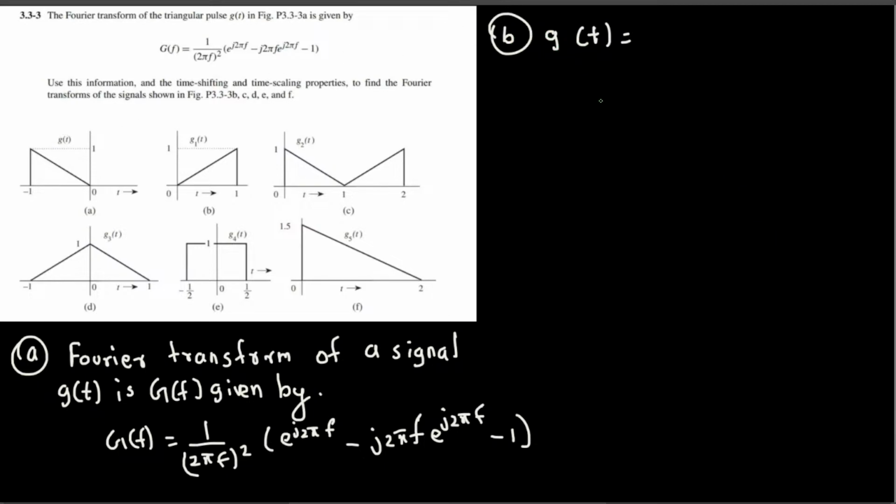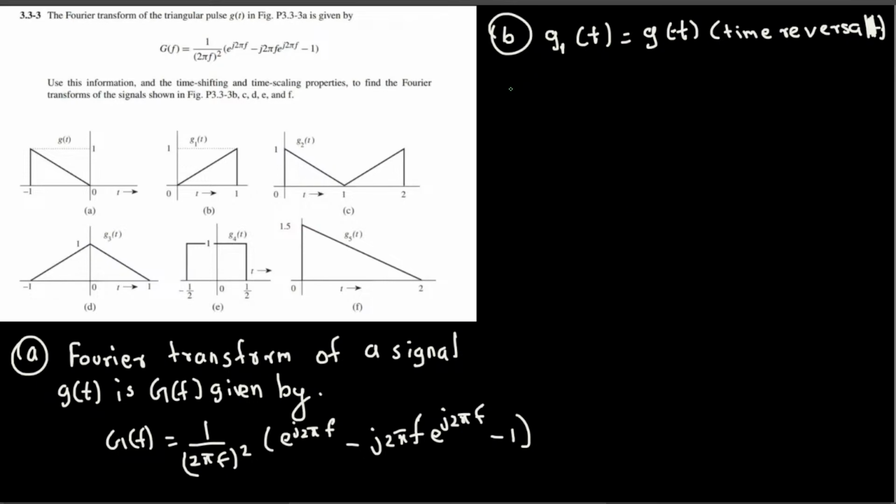So g1 of t is basically g of t time reversed, g of minus t.